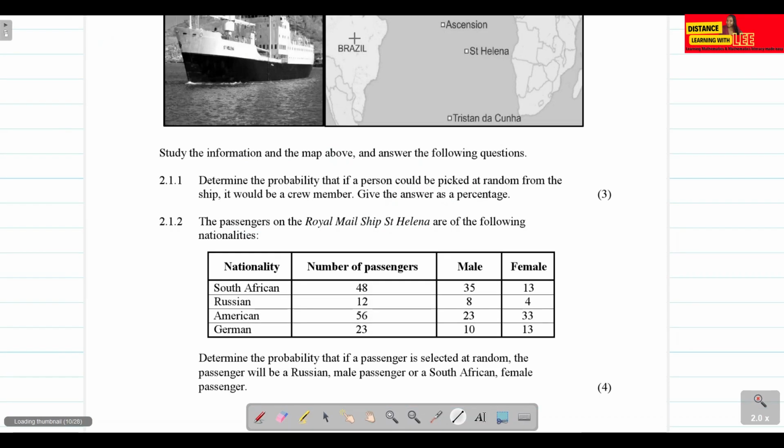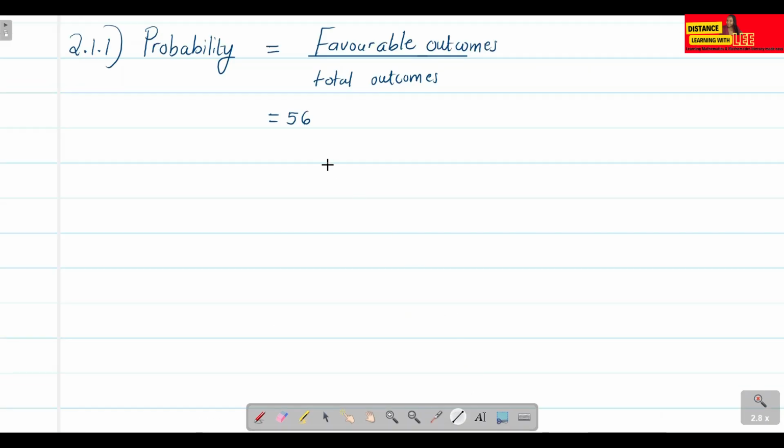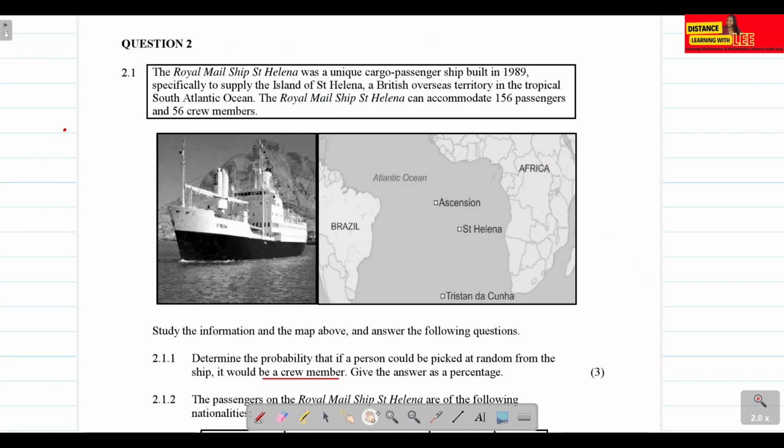Always start off with that formula. And then let's have a look at the information that is given to us. We want to determine the probability that if a person is picked at random, it would be a crew member. So the favorable outcomes is the crew members. How many crew members were on the ship? It's 56 crew members divided by our total outcomes.